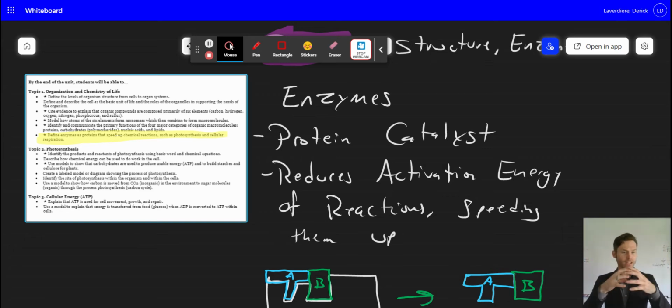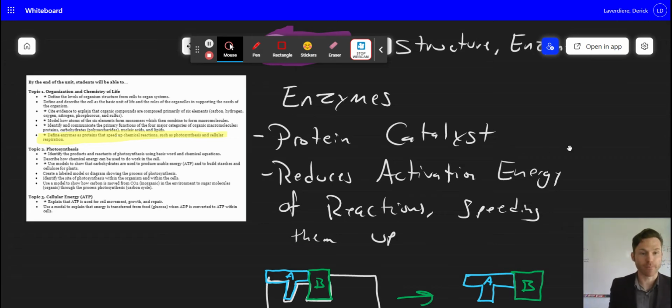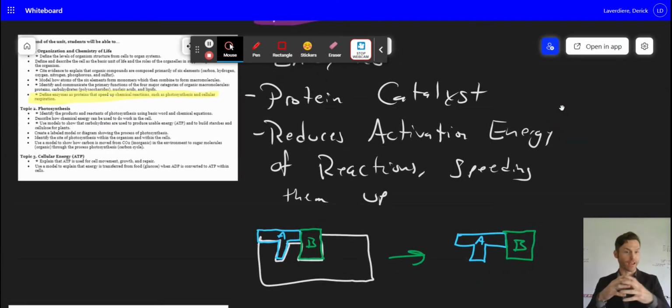And these two molecules can come together to combine, or I can take one molecule and rip it apart. But either way, if I have molecule A and I have molecule B, left to their own devices, they'll click together and become molecule AB. But what an enzyme does is it speeds up that process. Right? It makes it more likely that molecule A and molecule B will click together.